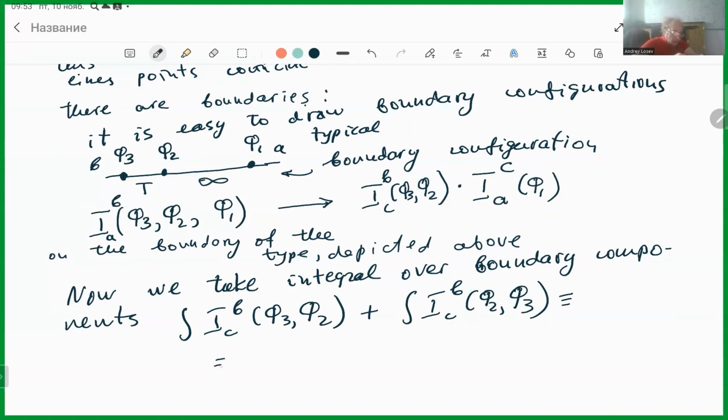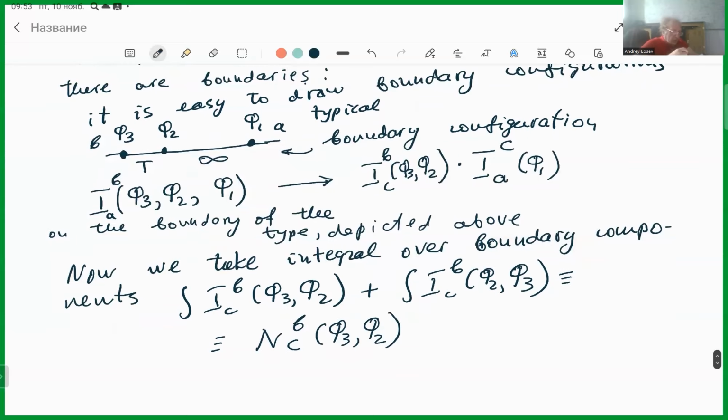It would be called NBC by 3, 5. Because this integral comes from phi 1, phi 2, phi 3.